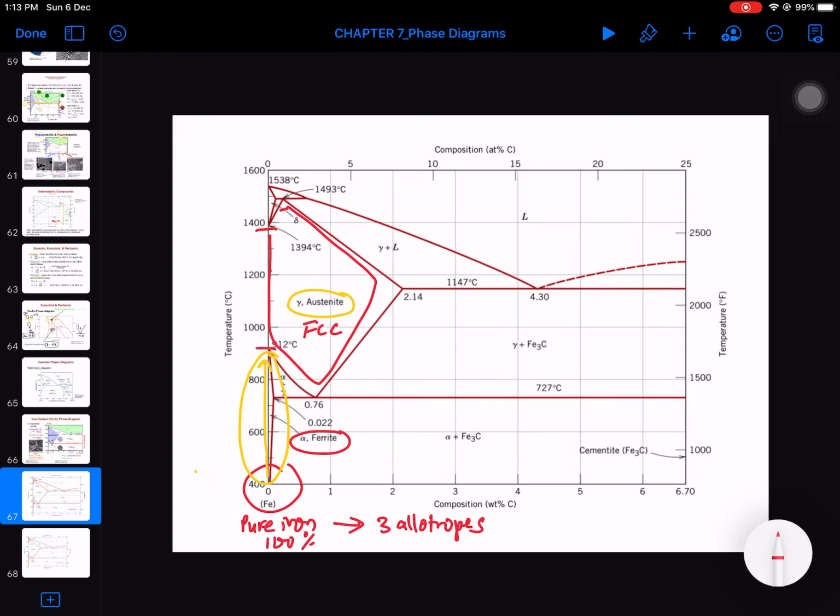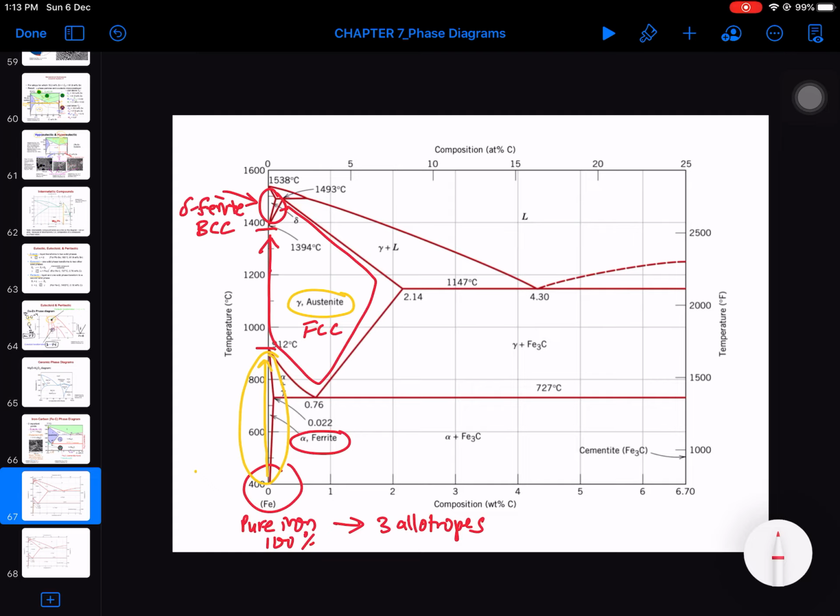As the temperature increases up to 1394 degrees centigrade, the transformation takes place again, whereby austenite will change into delta ferrite. This is a small area here for delta ferrite, and delta ferrite has a BCC crystal structure.